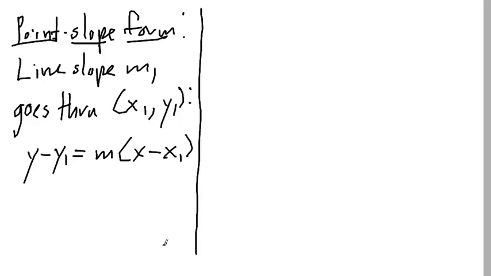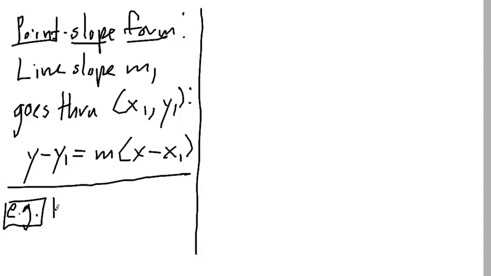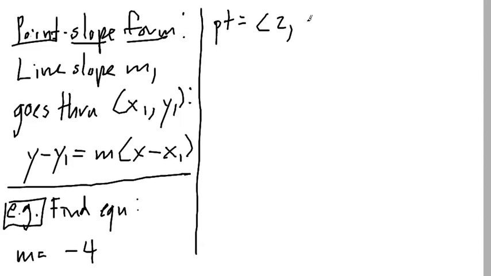Okay, so let's plug this in. Let's see how this works. So, for example, let's find the equation of the line. Let's find the equation when we are looking at the slope equal to -4, and let's say the point that it goes through is 2, -5. Okay.